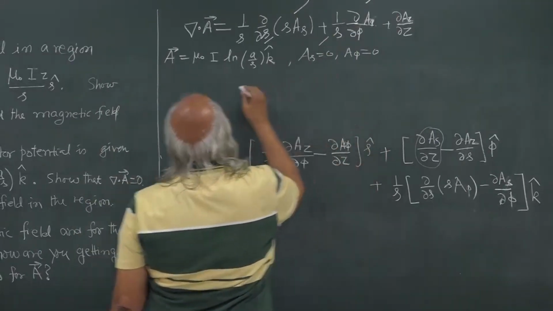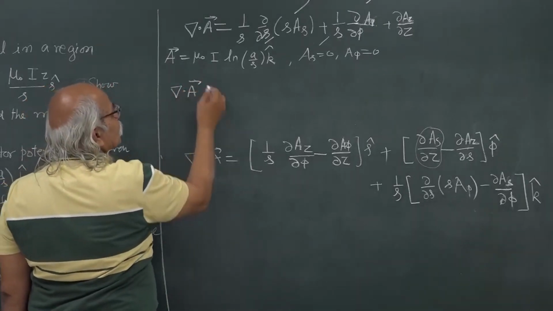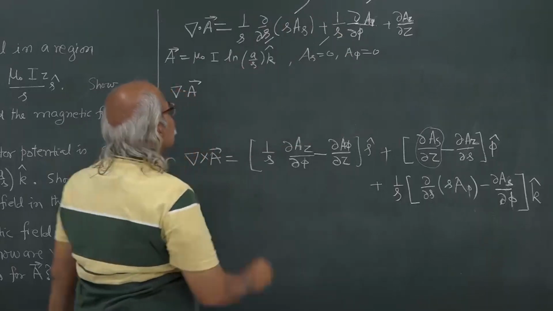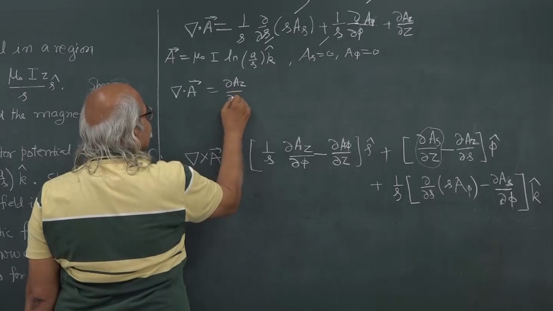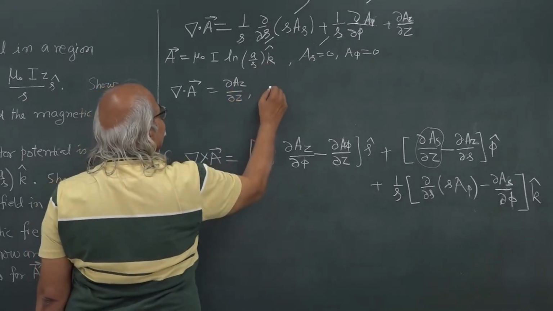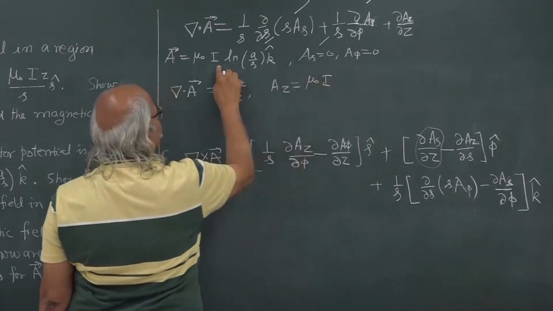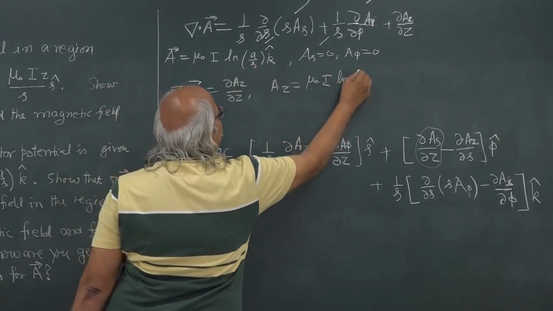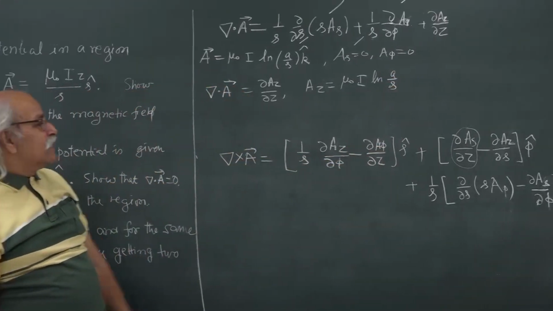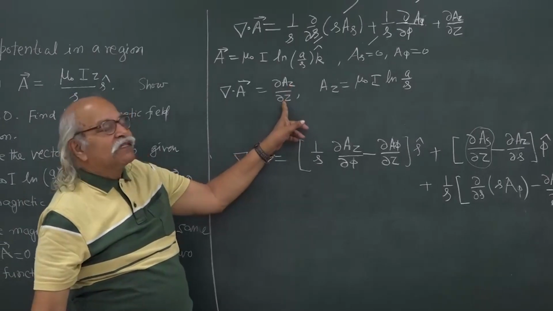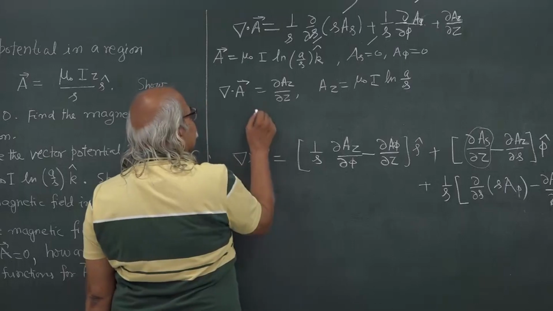Therefore, you will have divergence of A equal to del Az del Z, since the other terms are gone. And Az is mu naught capital I ln of A by S. It does not contain Z, and therefore, if you differentiate with respect to Z, this will be 0, hence this divergence of A is 0.